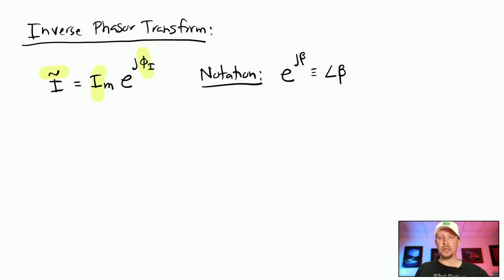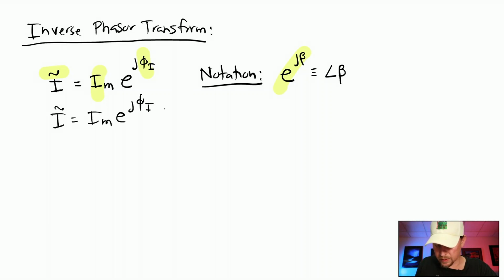It helps in terms of understanding things. However, if you need to go back and do actual calculations, anytime you see that little angle symbol, you have to turn it back into e to the j beta. So this phasor can be rewritten in these three equivalent forms. All three of those are absolutely identical.